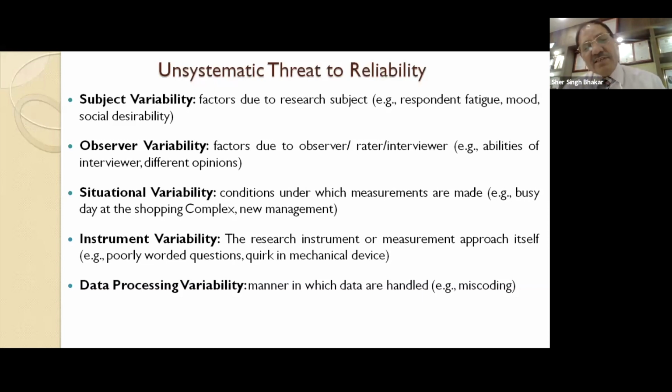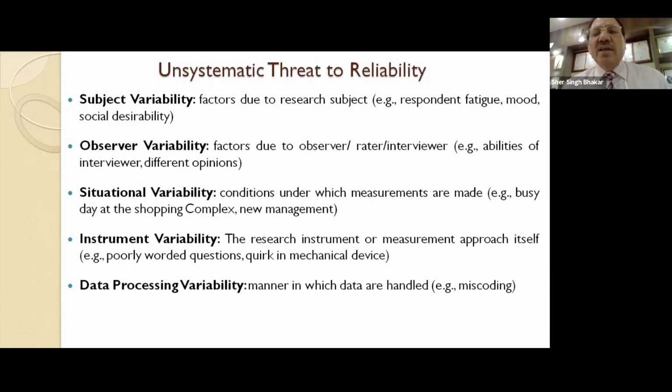And data processing variability means that while editing, you may create problems, and while analyzing data, while evaluating, or while carrying out statistical analysis, you might use wrong methods, etc. So because of that, there could be processing variability. I'll give you an example.